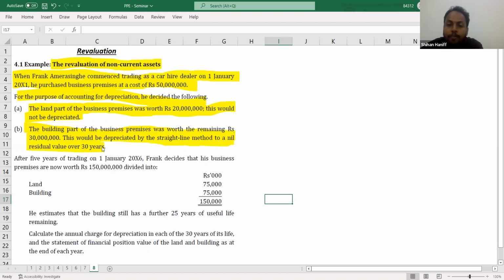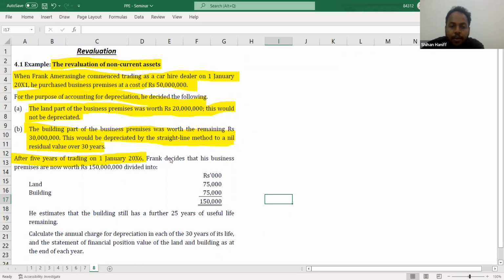So what is the annual depreciation for the building? Annual depreciation is 1,000,000. Okay. After 5 years of trading, on 1st of January 2006, having purchased on 1st January 2001, they are making a change.